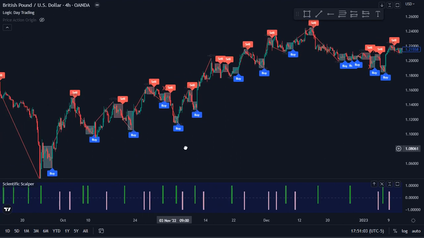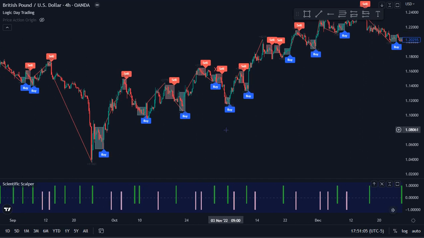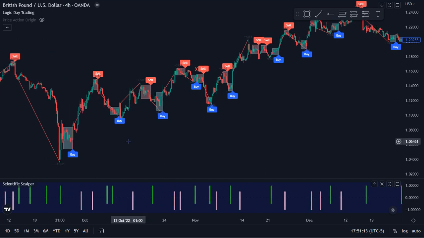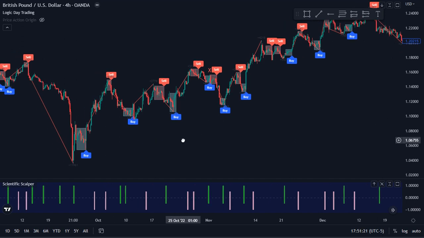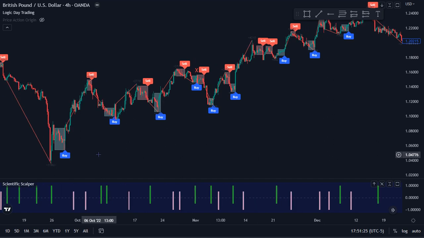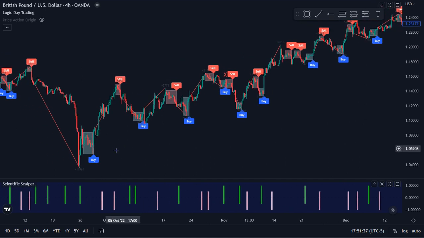But what you can use these two indicators alone, the scientific scalper and logic day trading for, as far as visually seeing, it's going to be quite easy if you just couple it with concepts that are very simple with price action. So we're going to go through most of these green buy zones, right?